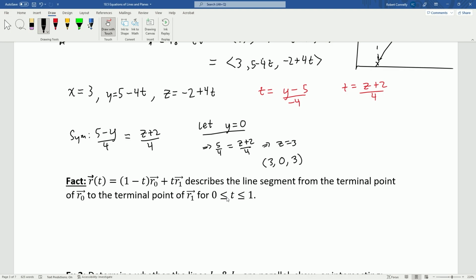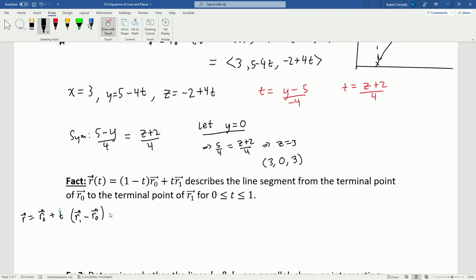Now this should make some sense. The vector between these two things would be r1 minus r naught. So if we just think about our regular formula, r equals the initial position vector plus t times r1 minus r naught.